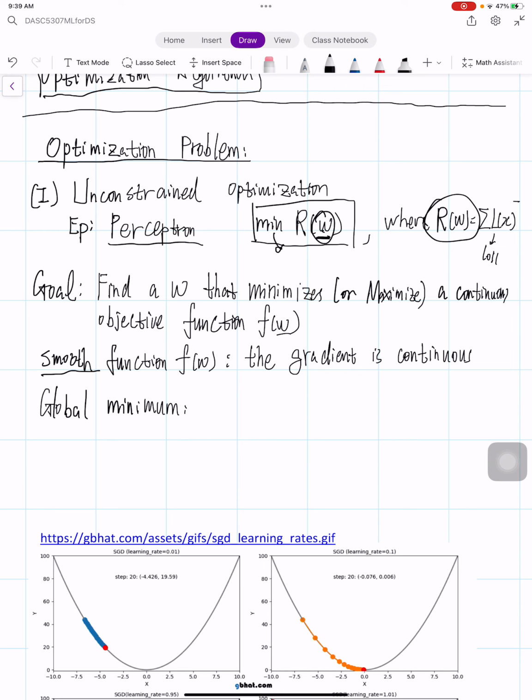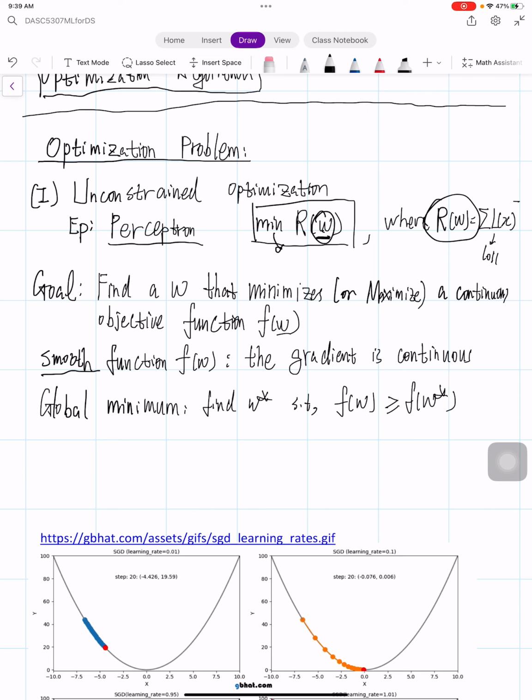So we want to find a W star such that f at any other point will be greater than or equal to f at this W star.